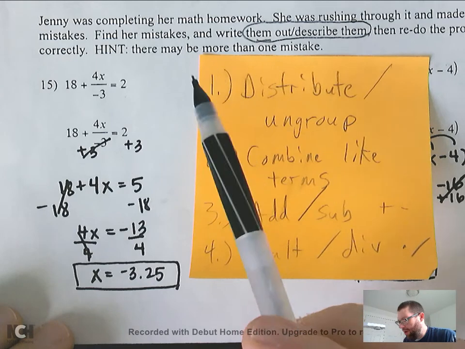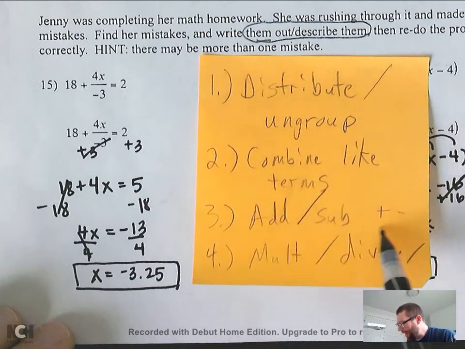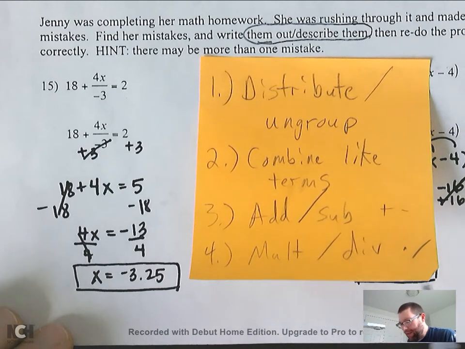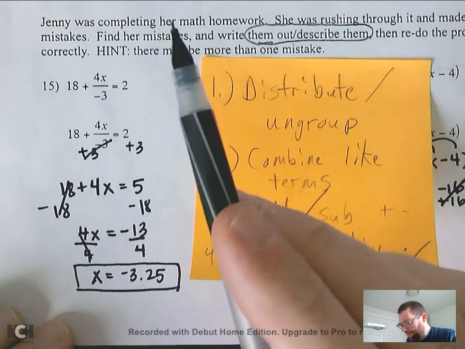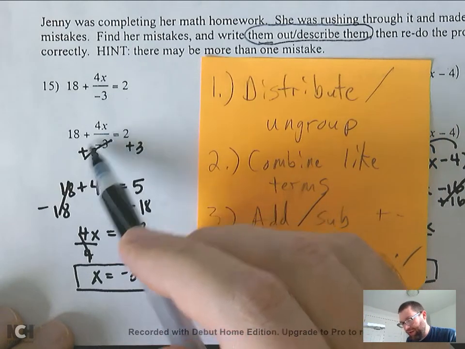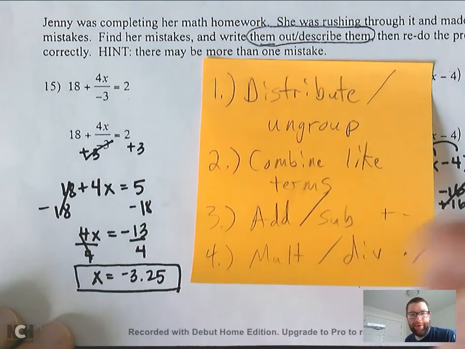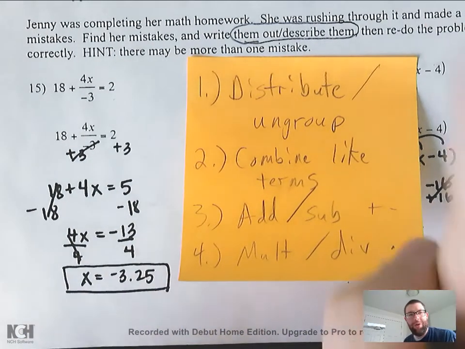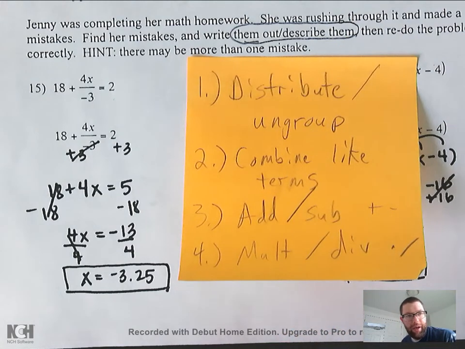If you would distribute first, then combine like terms, then get rid of the add, subtract, then get rid of the multiply, divide, right? So looking at her, what's the very first thing she did? Well, she tried getting rid of this -3 that's dividing by adding. So first of all, she did it out of order and she added instead of multiplied, right?